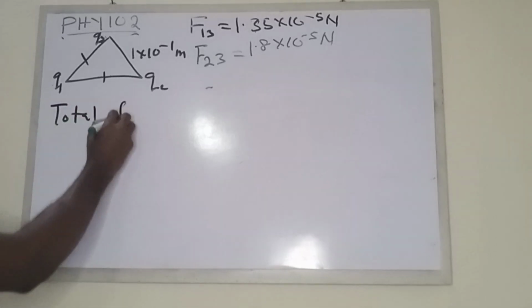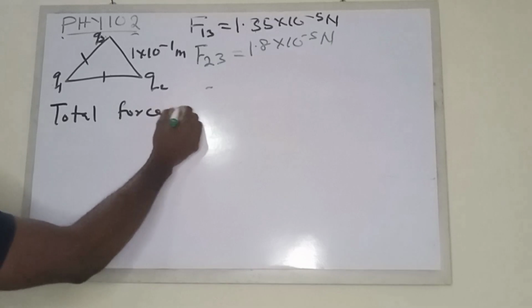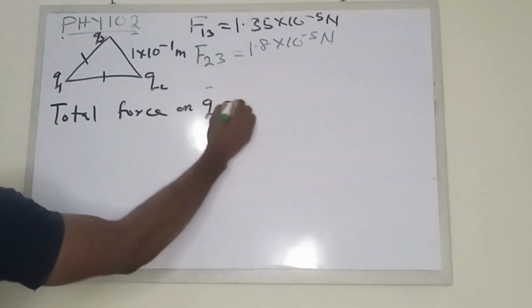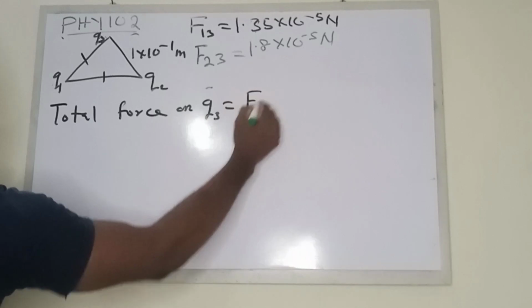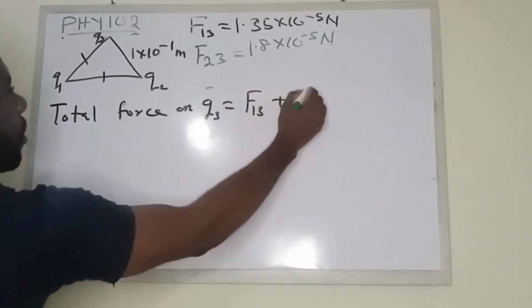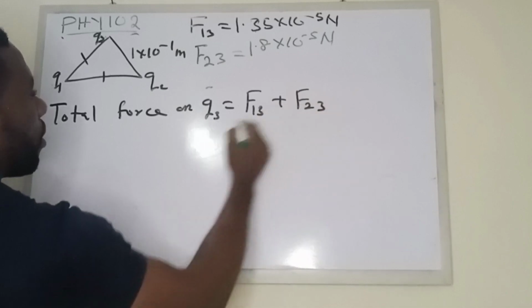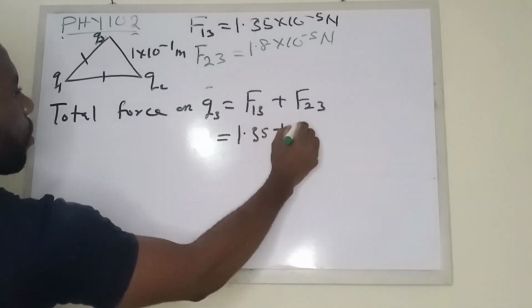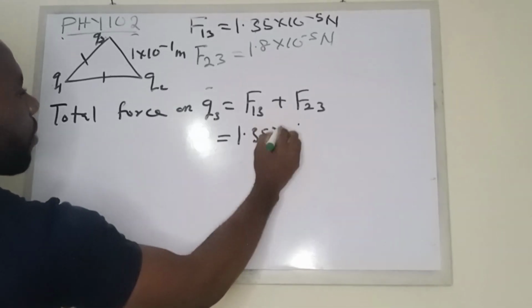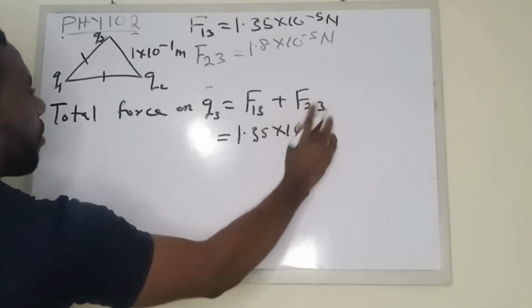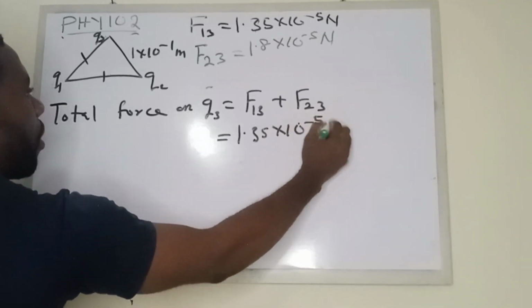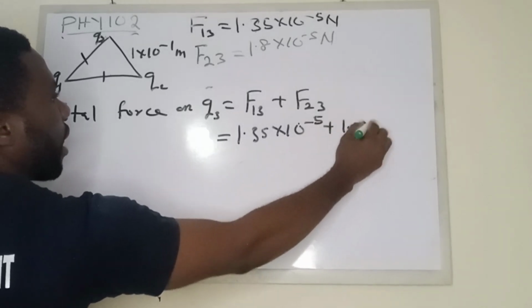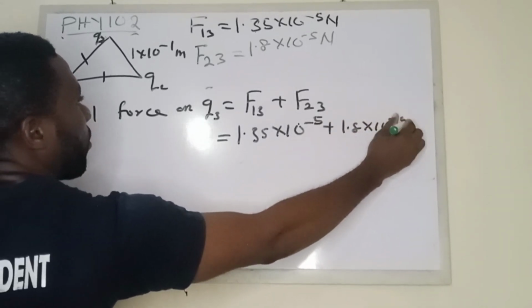Our total force on Q3 is therefore F13 plus F23. So therefore we're going to get 1.35 times 10 raised to the power of minus 5 plus 1.8 times 10 raised to the power of minus 5.